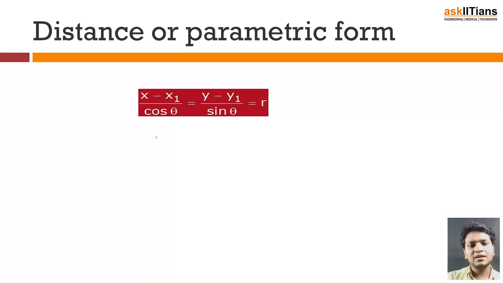So you will say that this is only for a specific distance r. What should be the case if we want to find out for a general distance? So let us consider r not to be specific but any general distance, and theta that is given is any general theta.